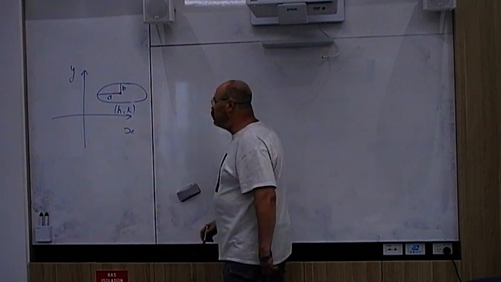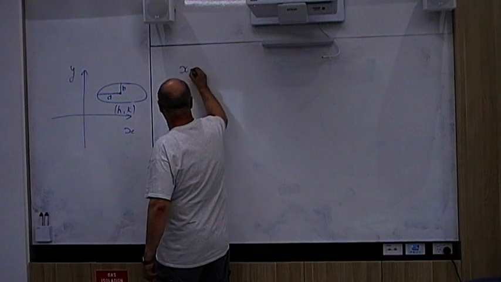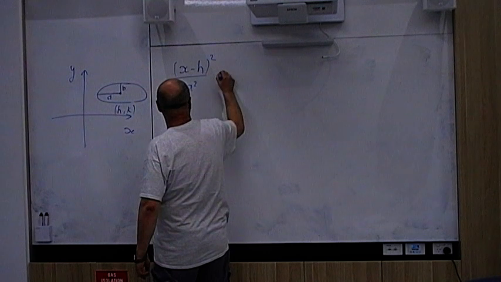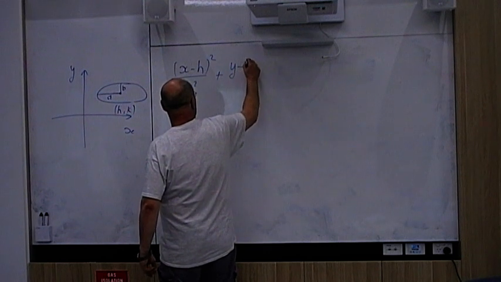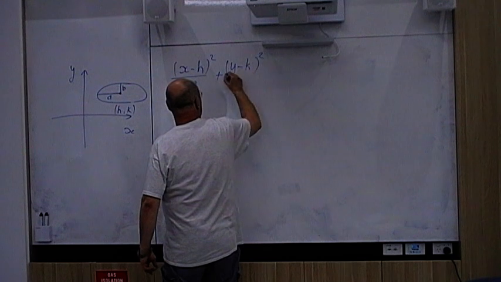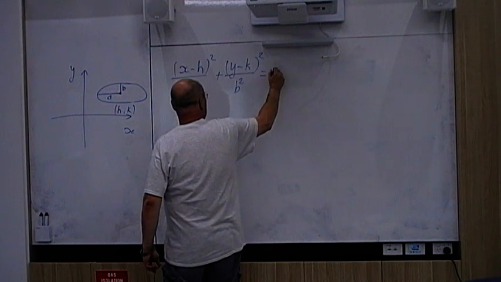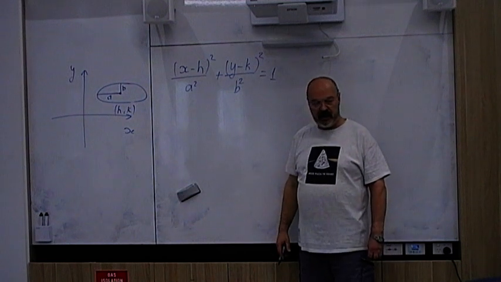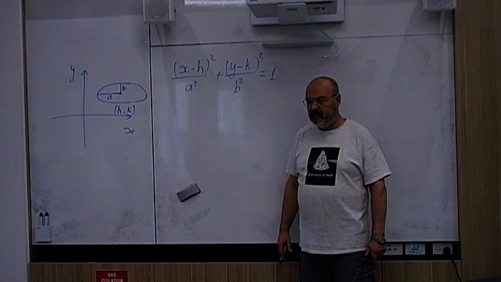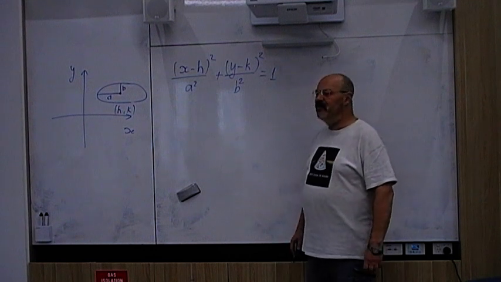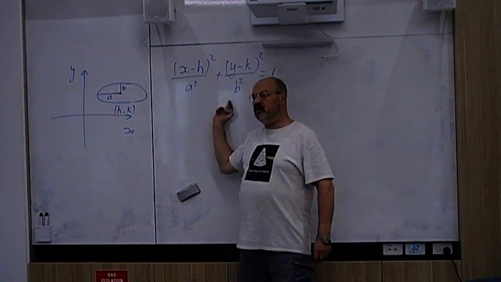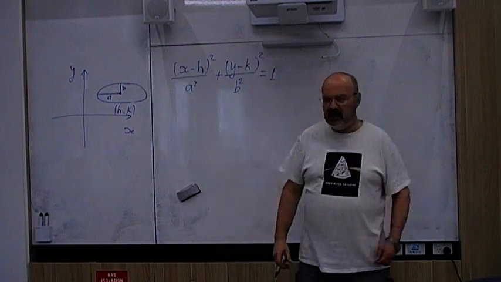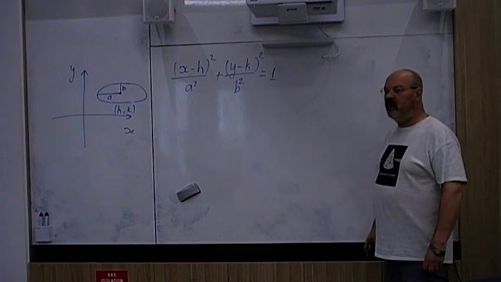The Cartesian equation of the ellipse will be (x minus h) squared over a squared plus (y minus k) squared over b squared equals 1. That is the Cartesian equation of the ellipse. So it's the same as the circle, but with a squared and b squared. For the circle, the semi-axes a and b are the same. In this case, it shows that the ellipse is longer in one direction.